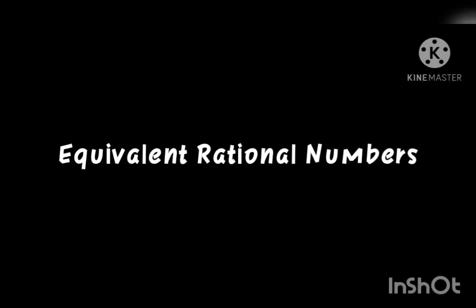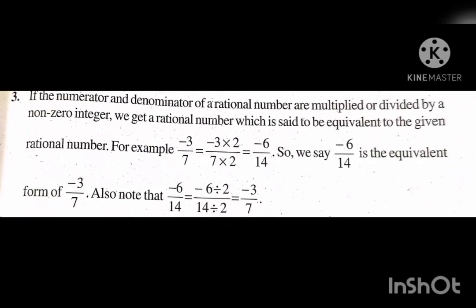Equivalent rational numbers. If the numerator and denominator of a rational number are multiplied or divided by a non-zero integer, we get a rational number which is said to be equivalent to the given rational number.